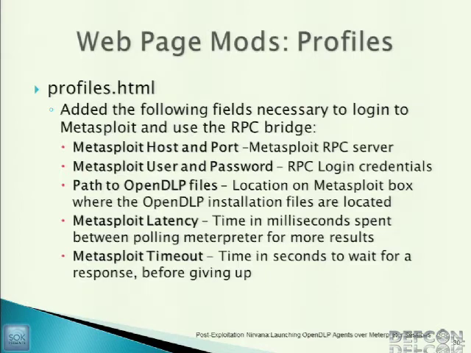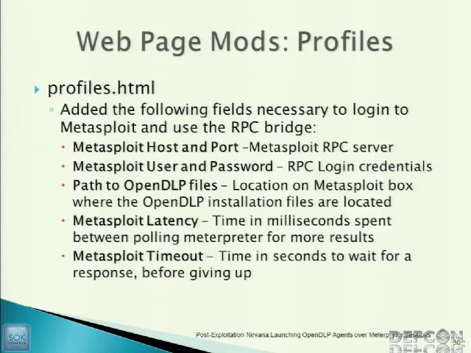Because now our profiles have to contain login information to the Metasploit RPC server. Just the host and port, user and password. And again, OpenDLP deployment files have to be on the Metasploit box. So you have to copy them off of OpenDLP and stick them in a directory on Metasploit. Because I can download files with the new post module, but I can't upload them the same way.